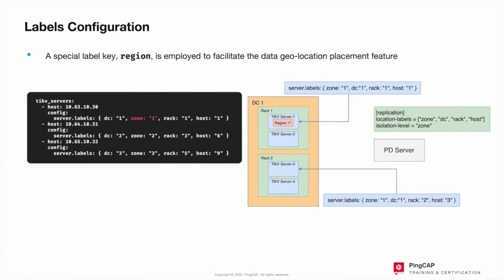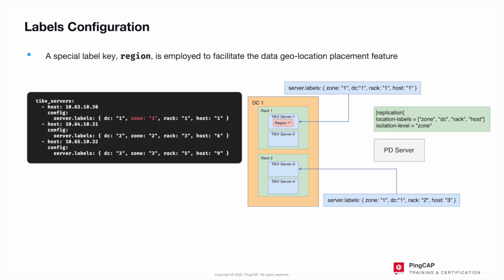We know that the original distribution of regions is randomly deployed by PD. PD nodes only guarantee that multiple replicas of a region will not be placed in the same TiKV node. It does not know about data centers and racks. Fortunately, we can guide the PD to place data in specific data centers and racks by using labels.